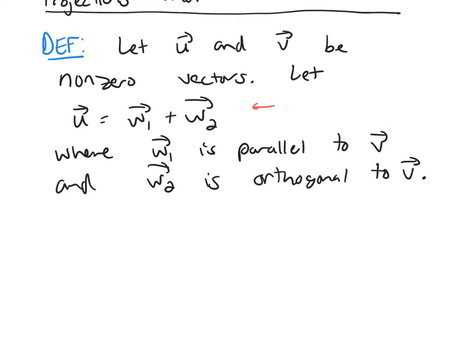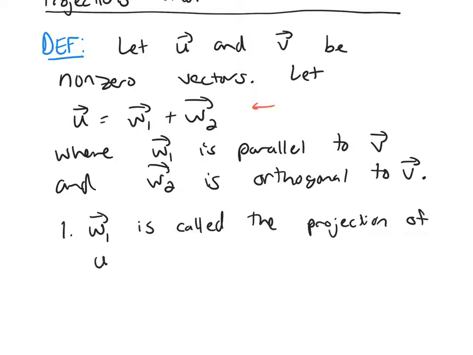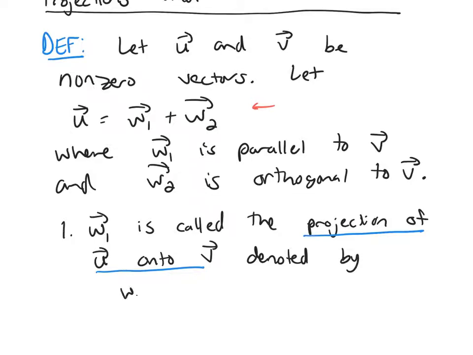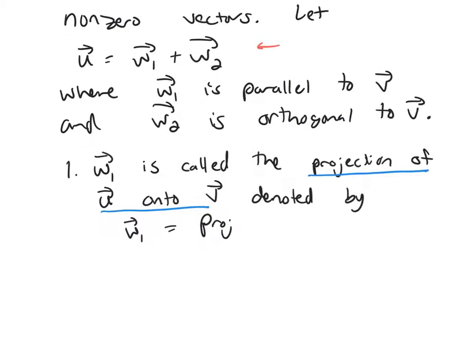So we're going to give names to these vectors. The first one, W1, is called the projection of U onto V. Projection of U onto V, which is denoted by, so W1 will be also written as projection.